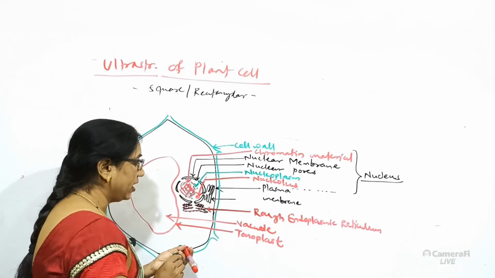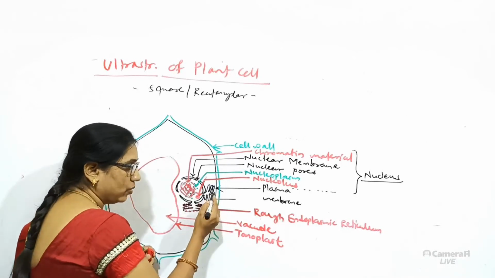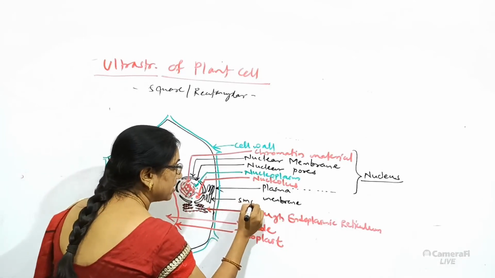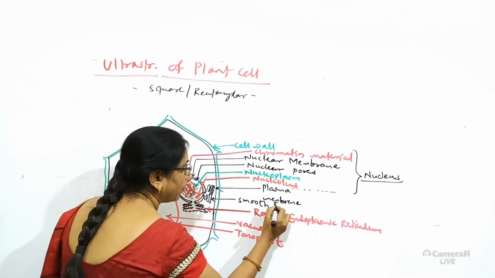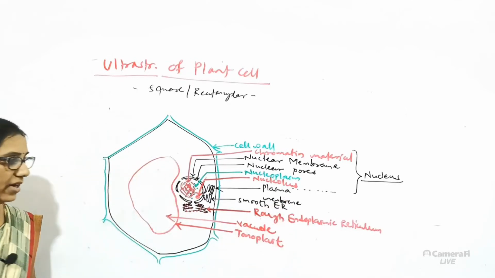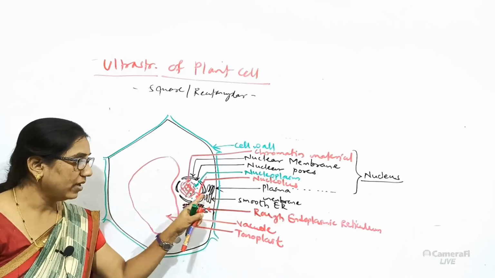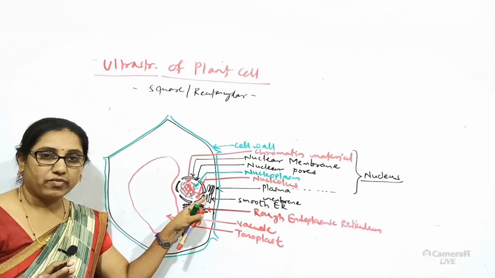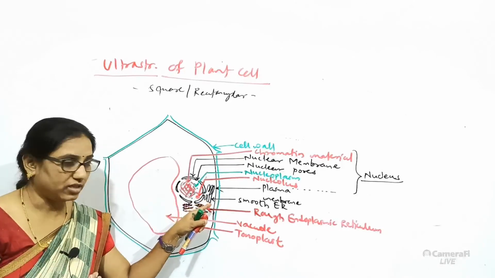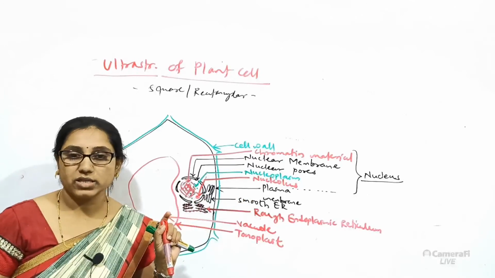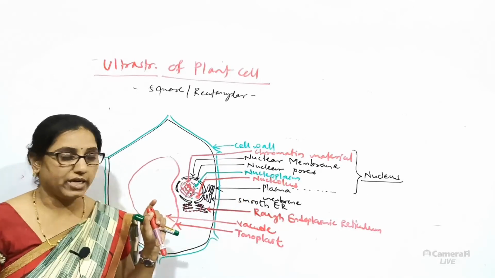Another endoplasmic reticulum without ribosomes is called the smooth endoplasmic reticulum, or simply the smooth ER. Due to the absence of ribosomes, their surface is smooth, so they are called the smooth endoplasmic reticulum.